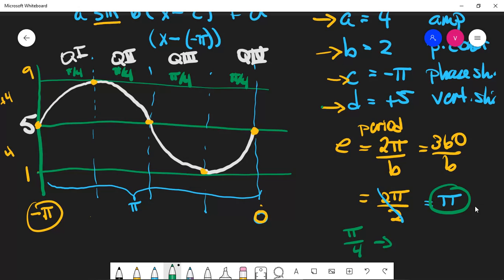So negative pi plus pi over 4 would give you, right? 4 pi over 4 is the same as pi, right? So negative pi plus a quarter of a pi gives you negative 3/4 of a pi, plus another quarter of a pi, right? You're adding all those increments up. That would be negative half a pi.